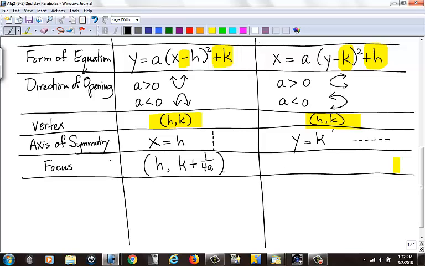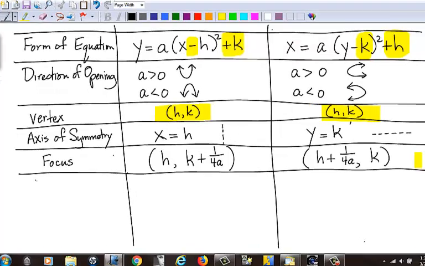So basically, once you figure out your three letters, your h, your k, and your a, you just sub into that. And on the other form, the x value is h plus 1 over 4a, and the y value is k. You just sub in and you get your focus.